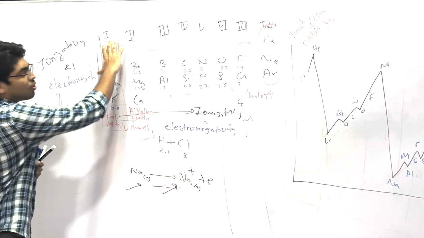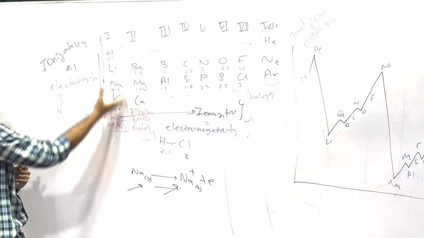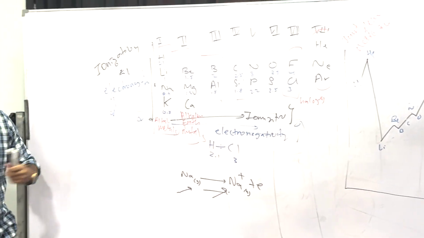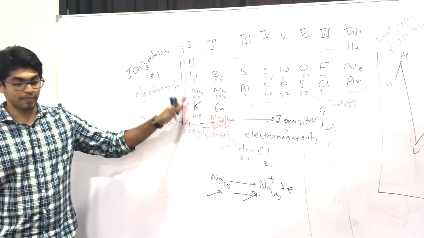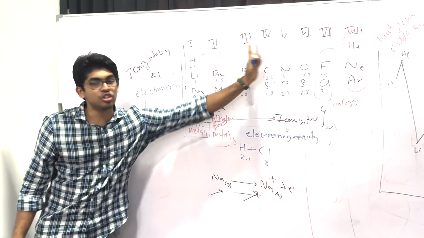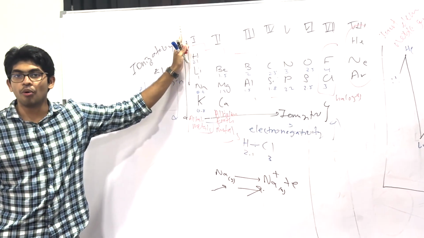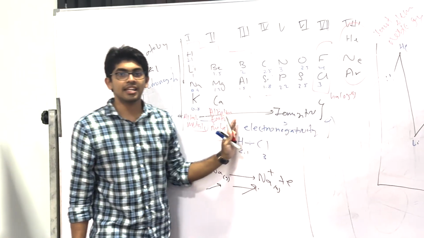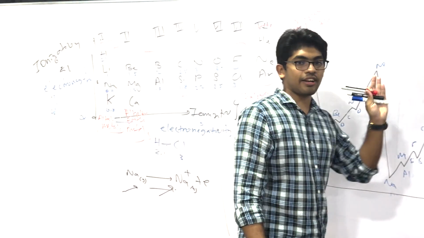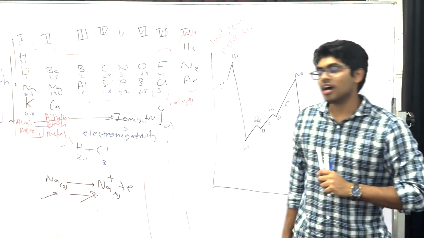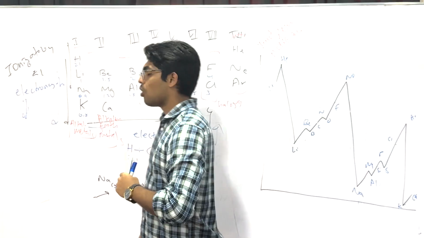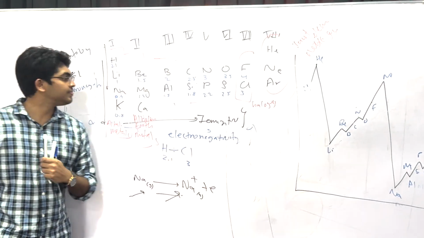Now when we come to group 1 and group 2, we have the metals. The metals react with oxygen to form their relevant metallic oxide. Is that clear?